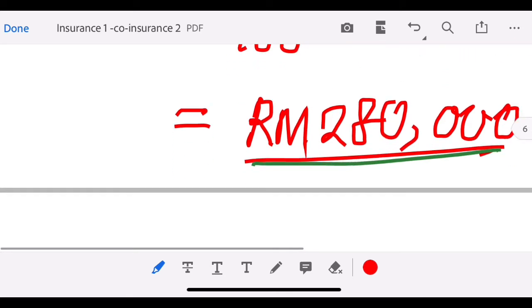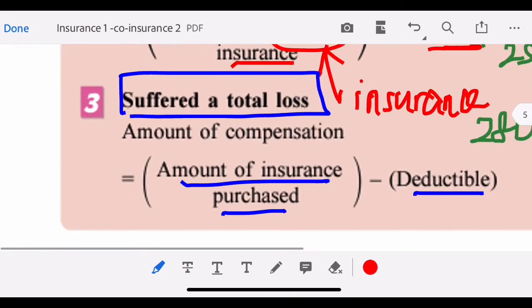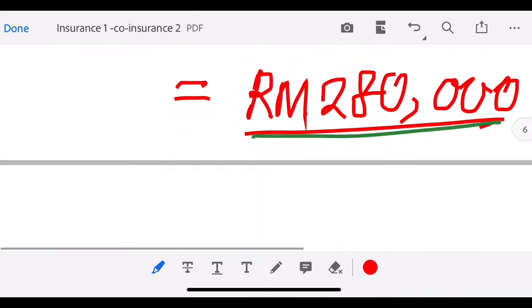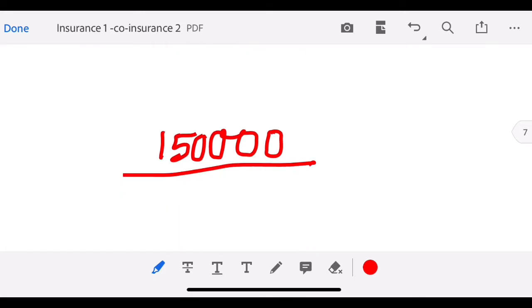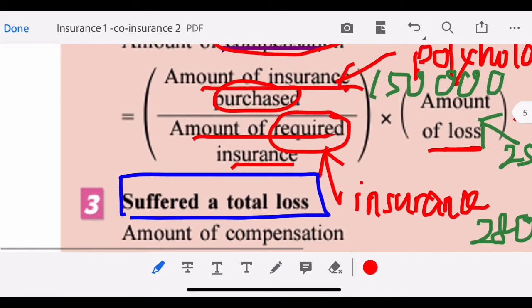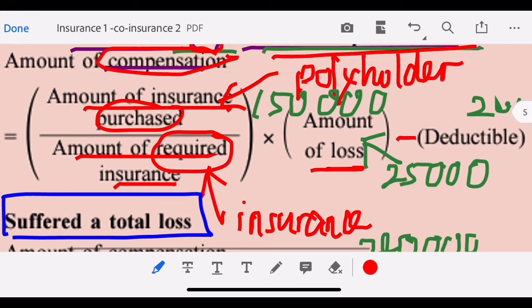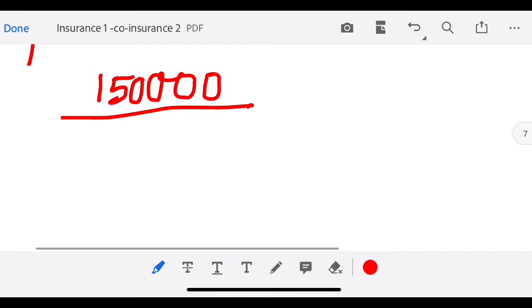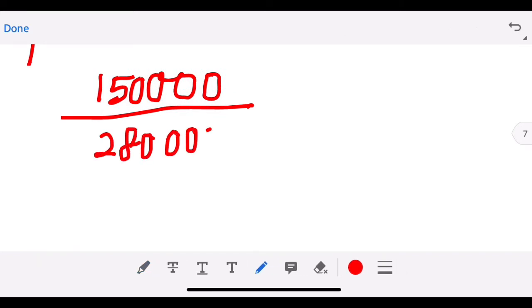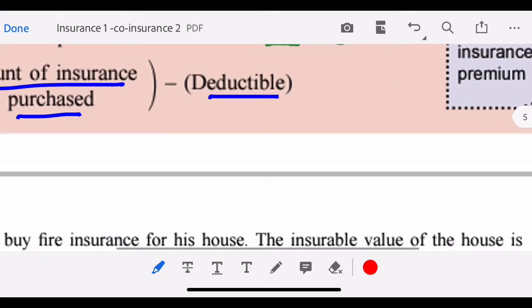We take 150,000, the amount of insurance purchased, over the amount of required insurance by the insurance company, 80% of 350,000, which we already calculated as 280,000, times, according to the formula, the amount of loss minus the deductible.